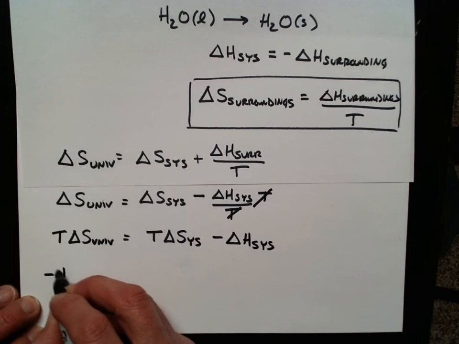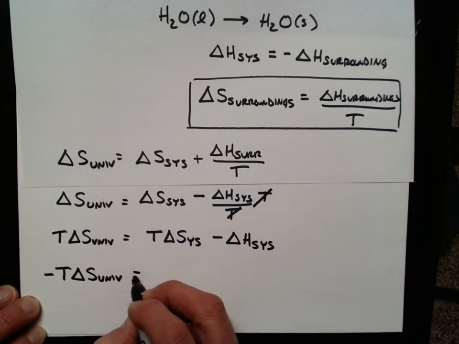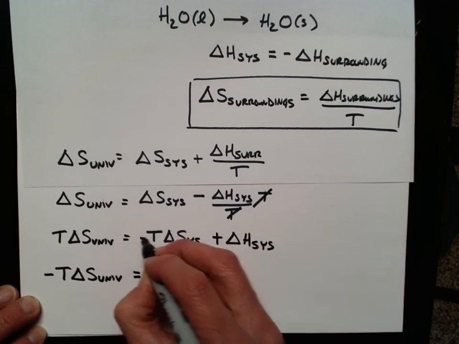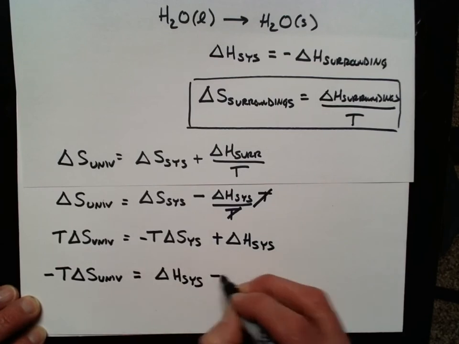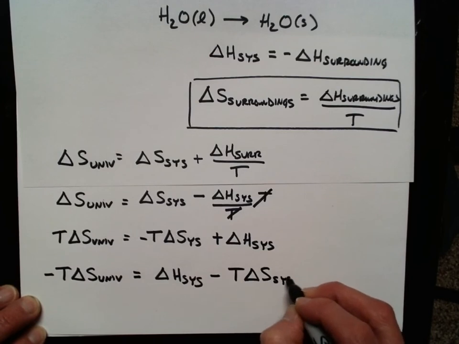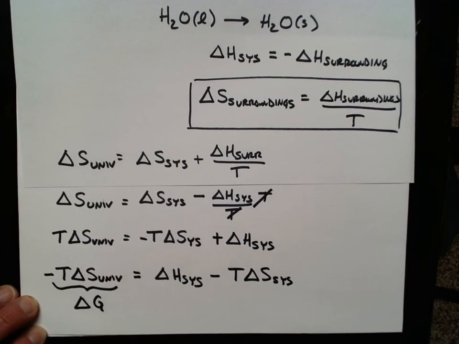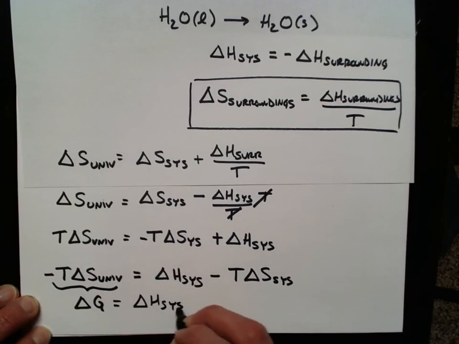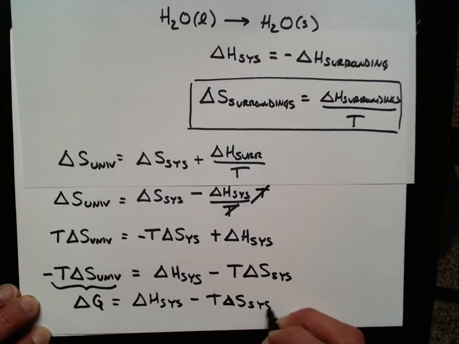So I get negative T delta S of the universe. That's going to equal, well, this will be positive and this will become negative, delta H of the system minus T delta S of the system. And this is actually defined here. This term is defined by Gibbs as the free energy. So delta G is delta H of the system minus T delta S of the system.